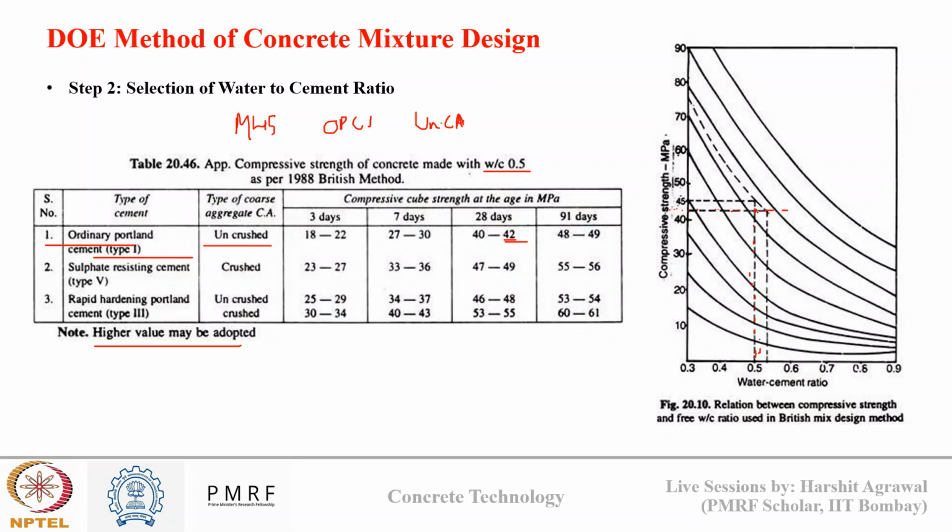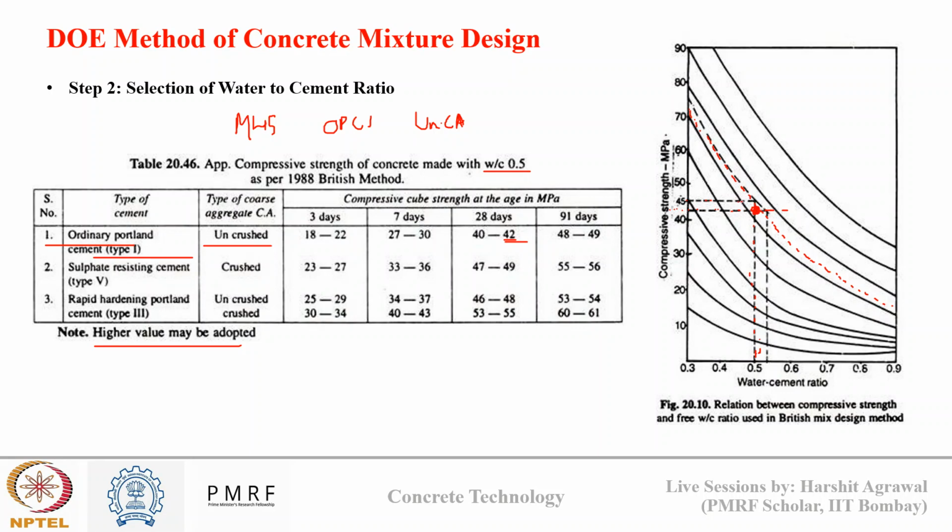Okay, so this is intersecting at this point somewhere. Okay, now from this point I will draw a parallel curve like this, passing through this point. So parallel to the below curve I will draw a curve like this, and on this curve I will check for 45 MPa what W by C ratio will come.